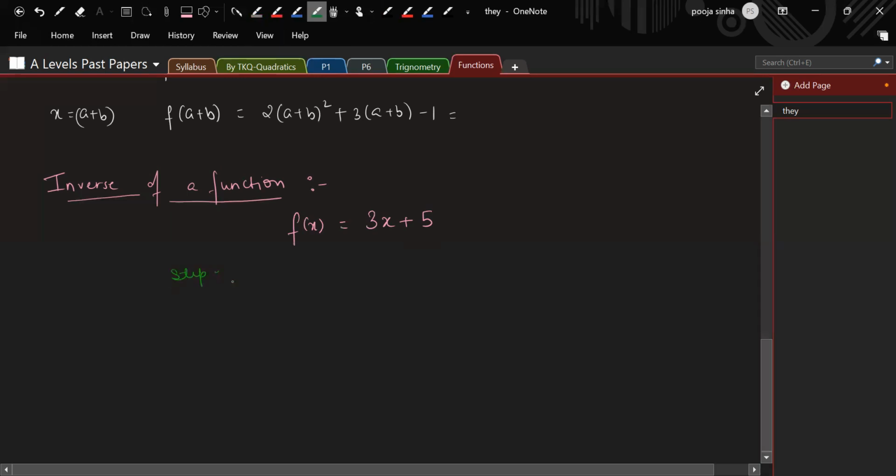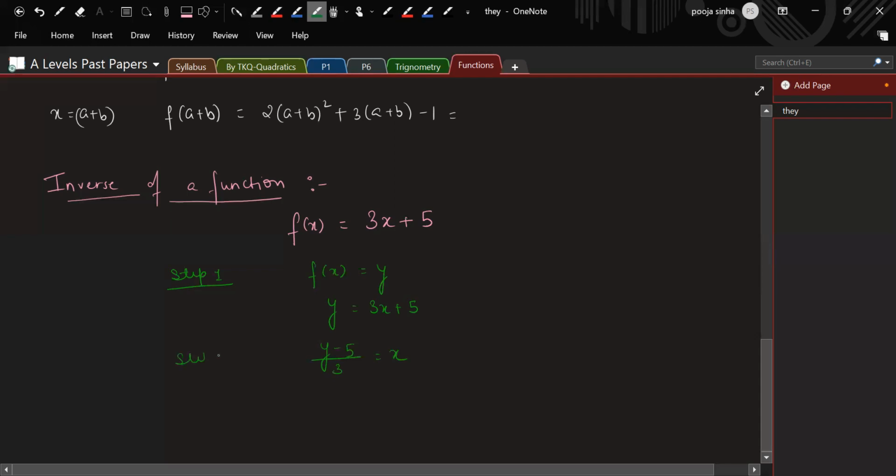You could use a different variable for f(x), for example y. So take it as y. The first step is to take a different variable: y is equal to 3x plus 5. Now you have to make x the subject. So y minus 5 divided by 3 is equal to x.